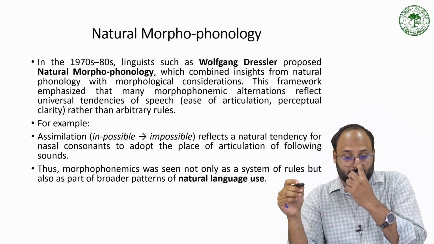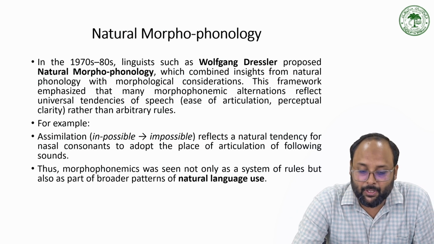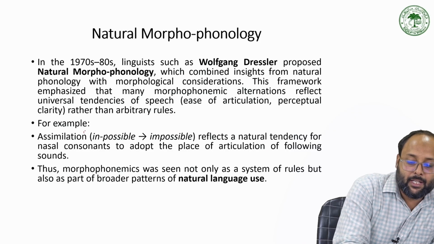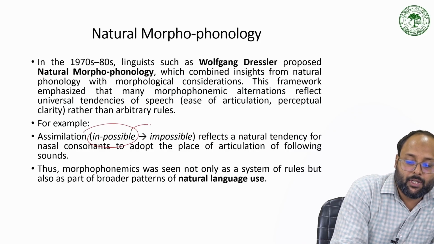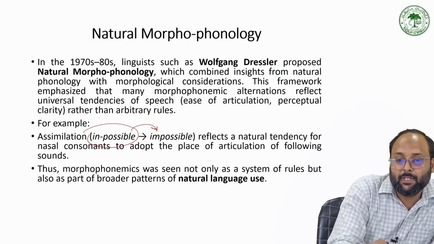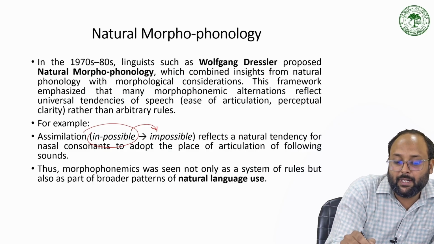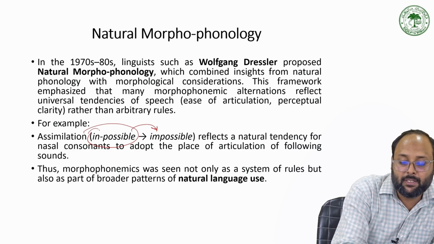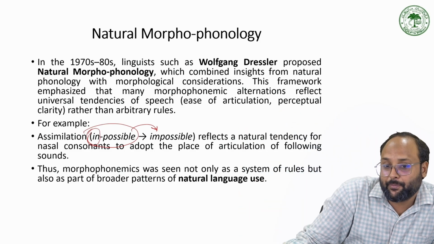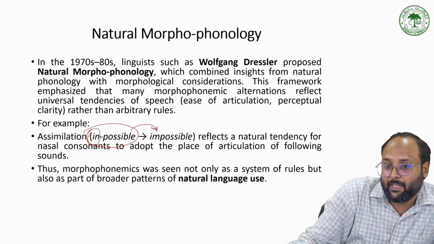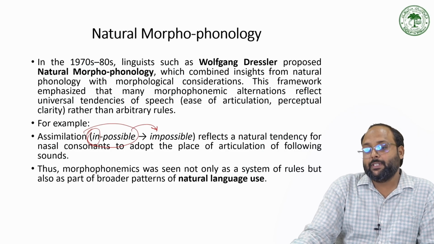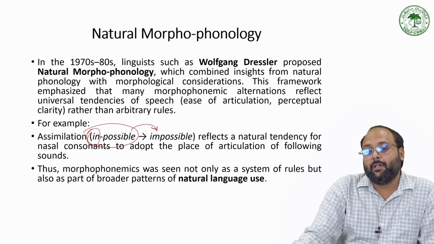So, for example, for generative phonologists, we describe that in plus possible changes into impossible. At the underlying representation, we have in in our mind. So the negative prefix in is in our mind, but it changes at the surface level to impossible. But the natural phonologist does not describe these rules.